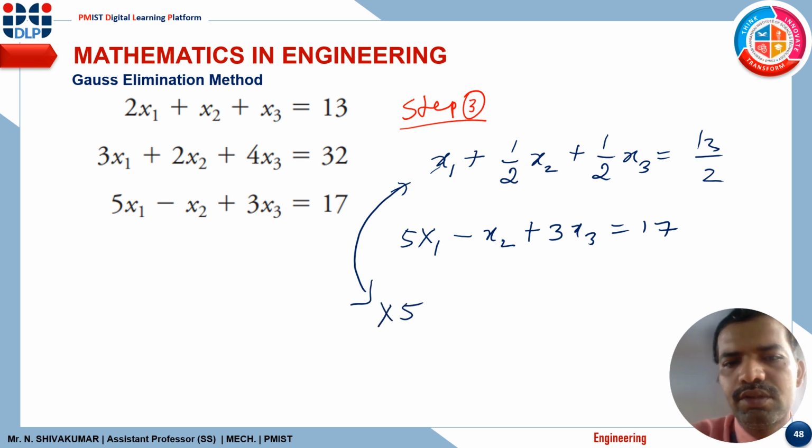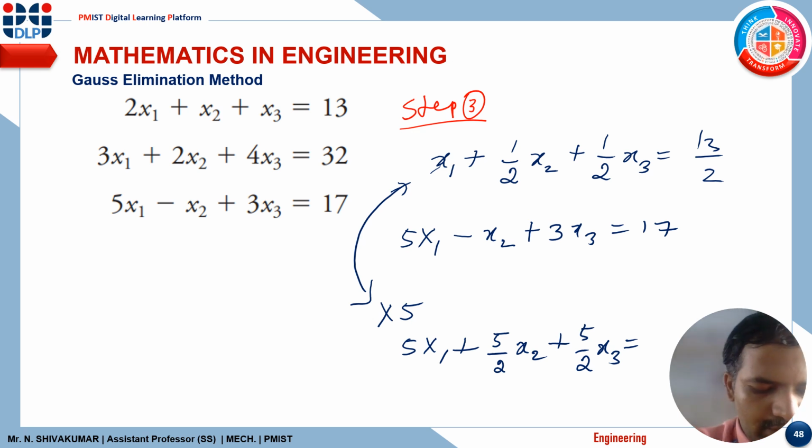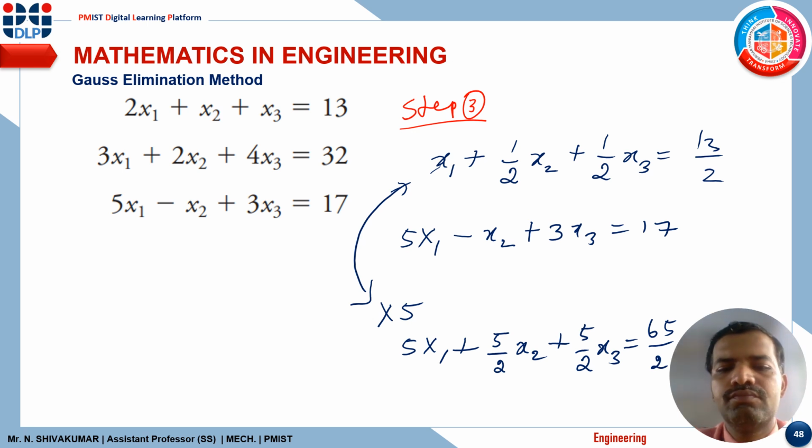Multiply this equation by 5, it becomes 5x1 plus 5 by 2 x2 plus 5 by 2 x3 equal to 13 into 5, which is 65 divided by 2. Now if you look at the equations, these two terms have the same magnitude, 5, so that we can easily subtract and get rid of x1. That is the idea.